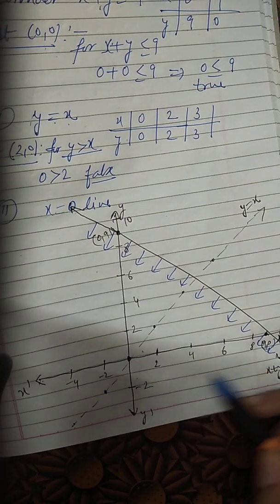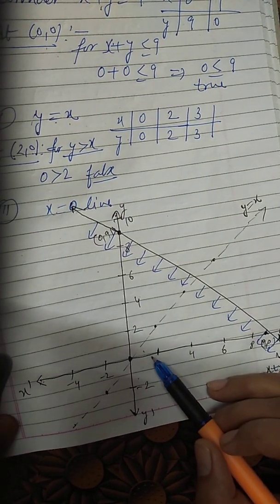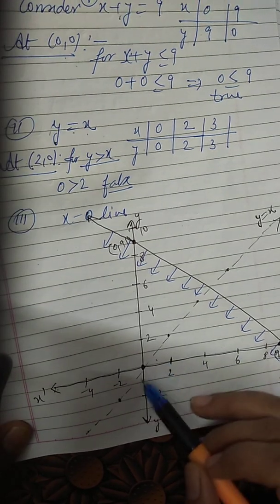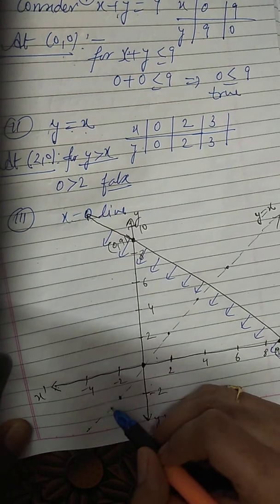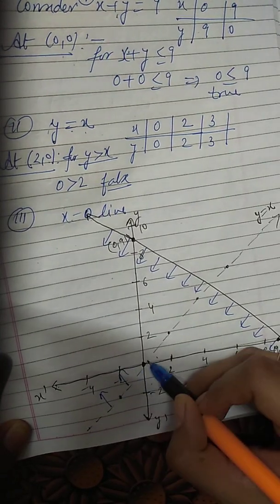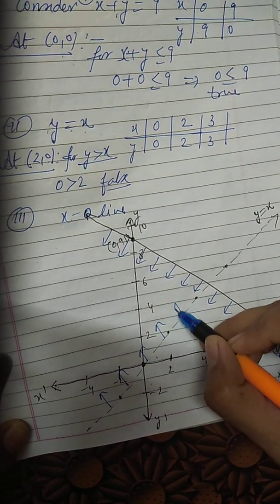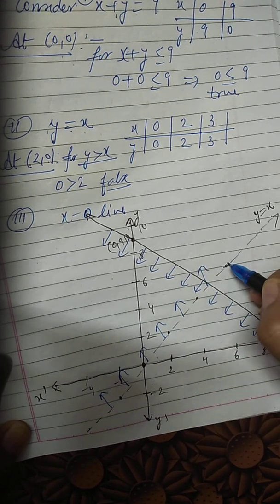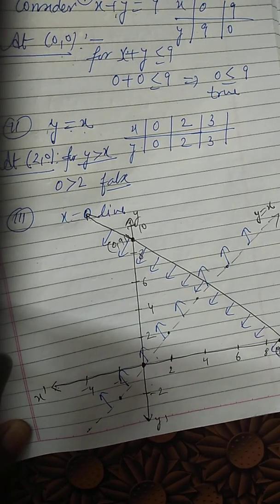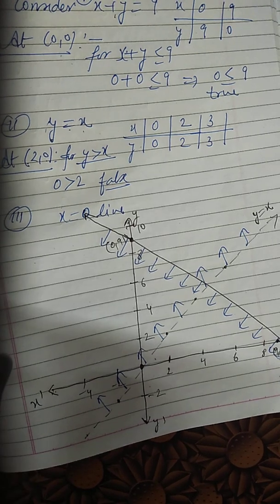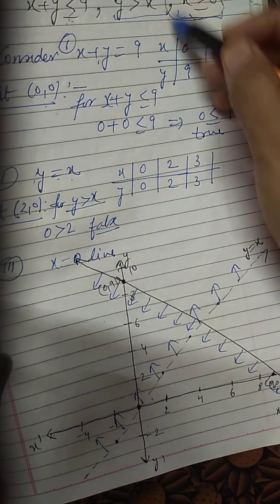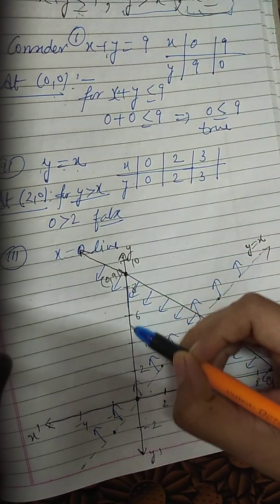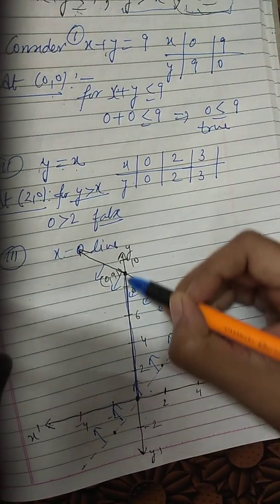That region is actually below the line. So for this it is coming false. So here our solution for this line will be above the line, that means towards the y-axis, not towards the x-axis.